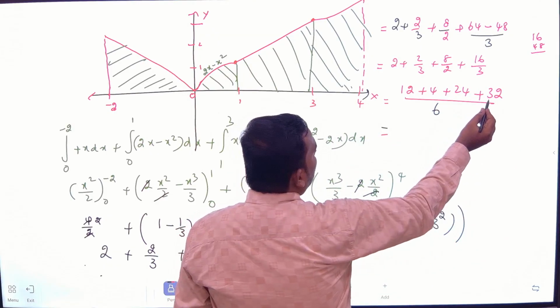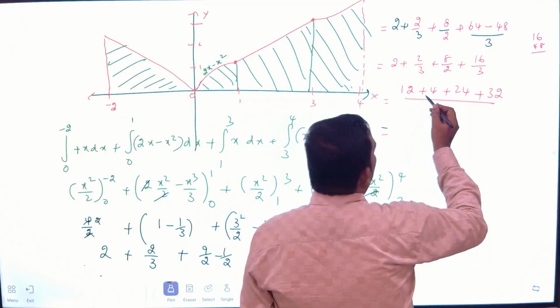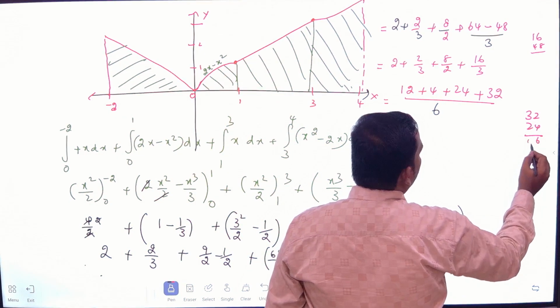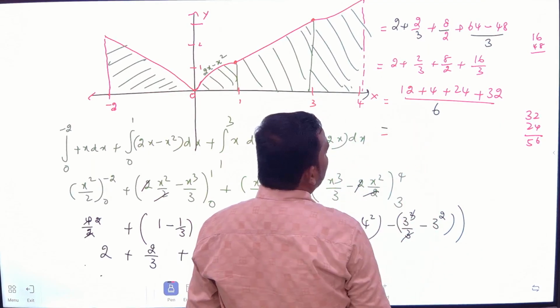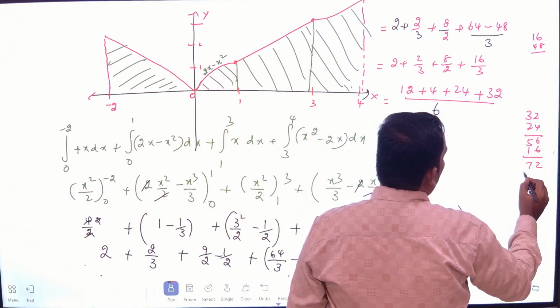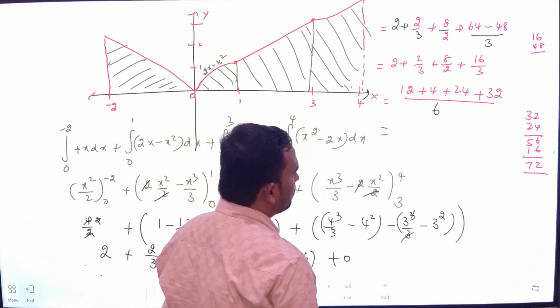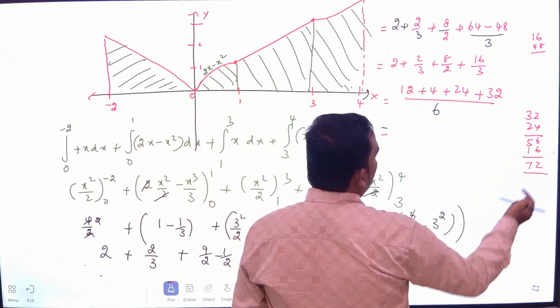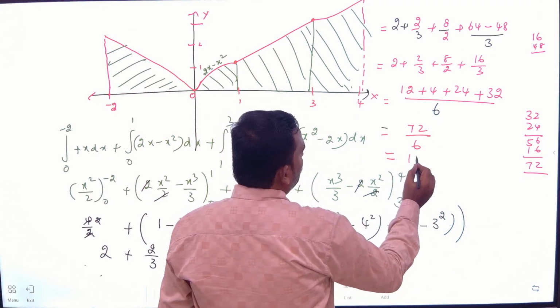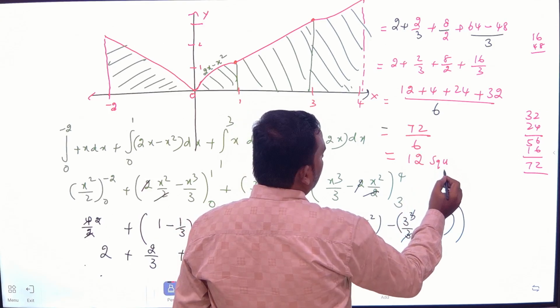So you can see 32 plus 24, how much will it be? 56. 56 plus 16, 72, right? 72 by 6, what's your answer? 12 square units, your answer.